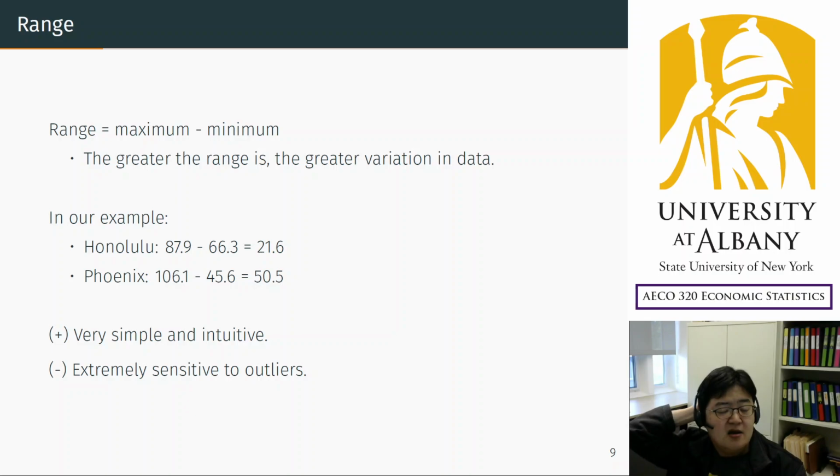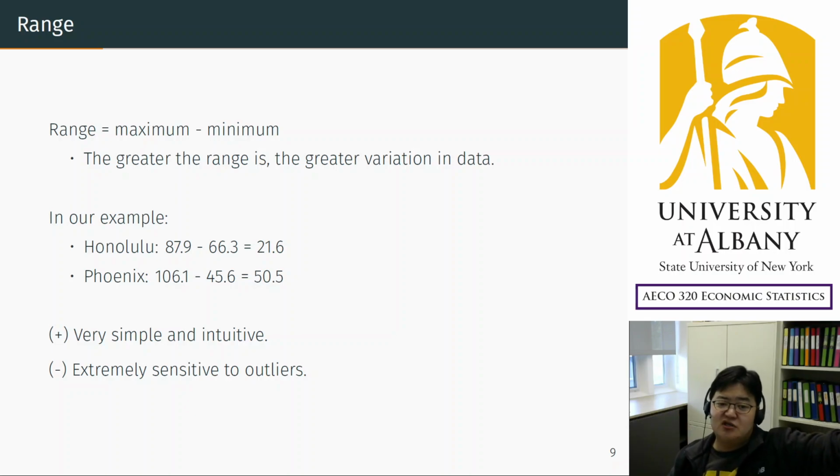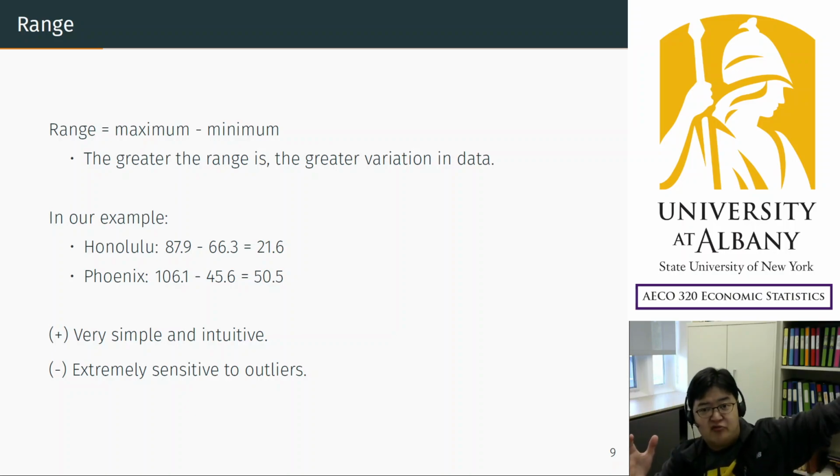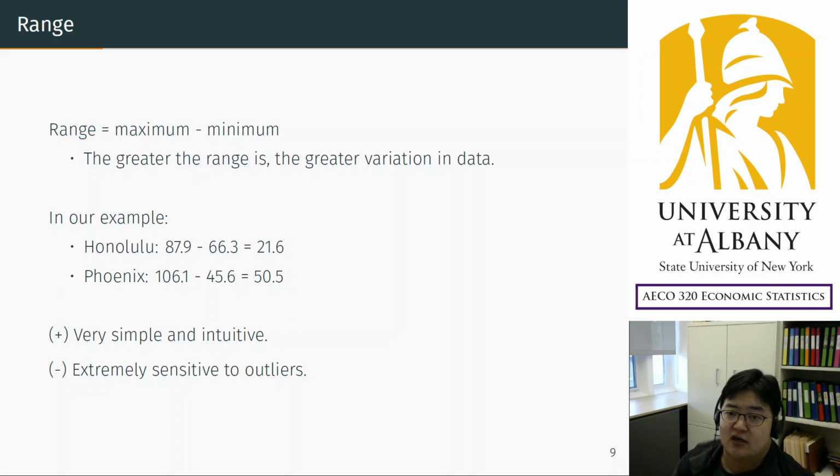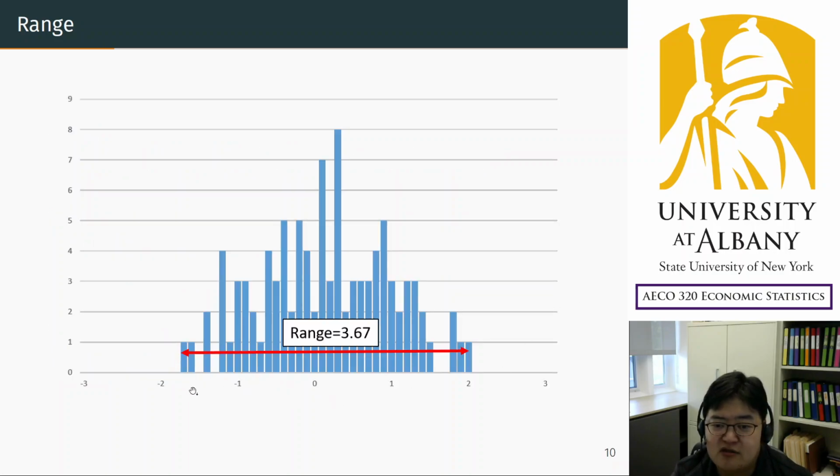Similarly, if there are outliers, say most of the people are here, but there is one super rich person out there, then the super rich person just stretches the range this much. So a small number of observations can make a huge difference when you calculate the range. That is a big problem. Have a look at this example. In this graph, the range is 3.67, so it's good-looking data.